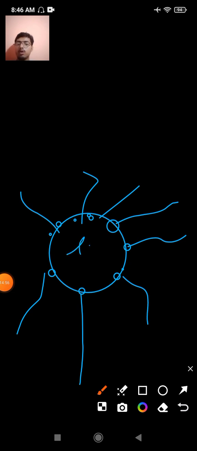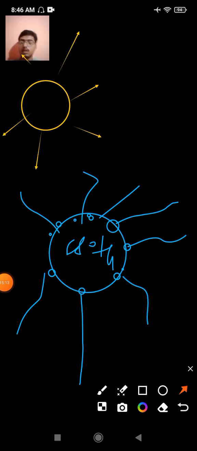This solid may be our cloth, which is dried by the sun. The sun gives heat and our cloth is dried, and the water molecules which are easily removed from the solid surface are our free moisture content. So here our answer is free moisture content.